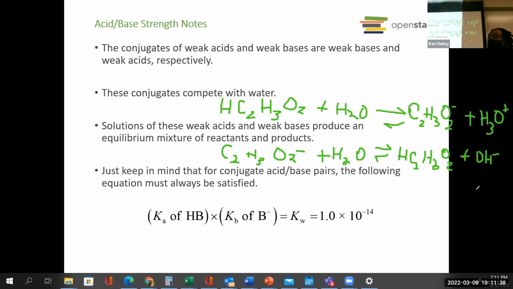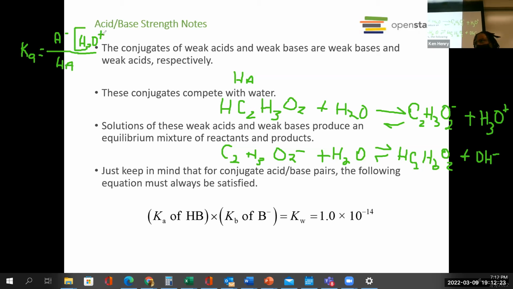Okay, so if we look at each one independently, we know that Ka equals, in this case, I'm just going to use the abbreviation HA for my acid. So Ka is going to equal the concentration of A minus times H3O plus over HA.